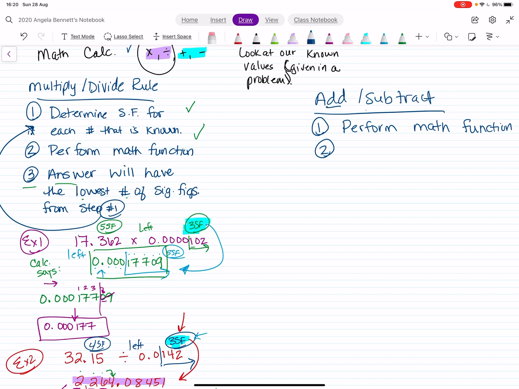So when you're doing addition and subtraction, you are going to write your answer with the smallest number of decimal places from your original or your known numbers.